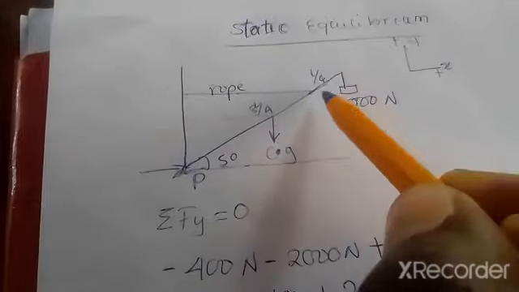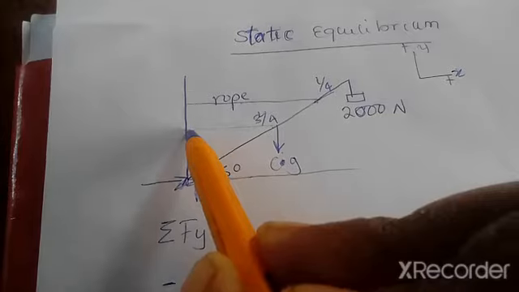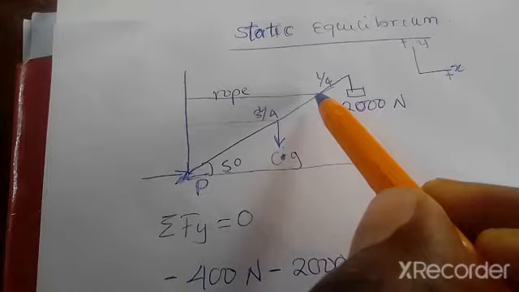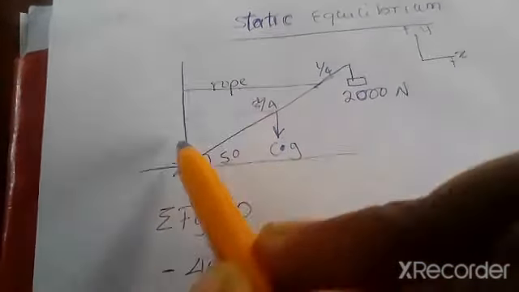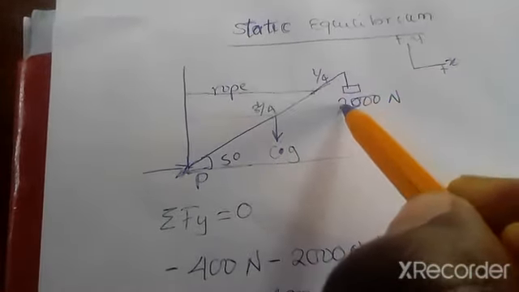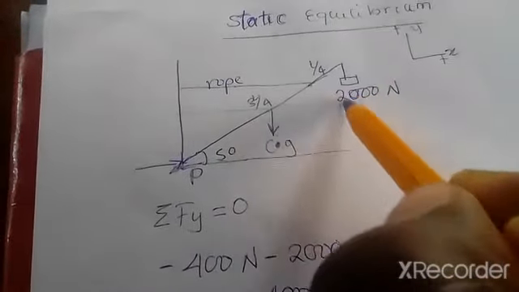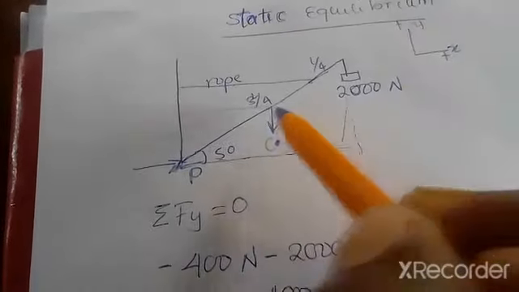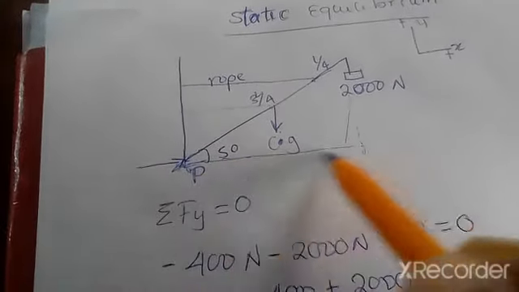Oh, I've made a mistake. The perpendicular distance for this force is the distance from here to here. The perpendicular distance of this force, which is the tension in the rope, is the distance from here to here. Then the perpendicular distance of this 2000 Newton force, we can simply take this distance since it's going to be the same. It's the distance from here to here. That will be perpendicular.